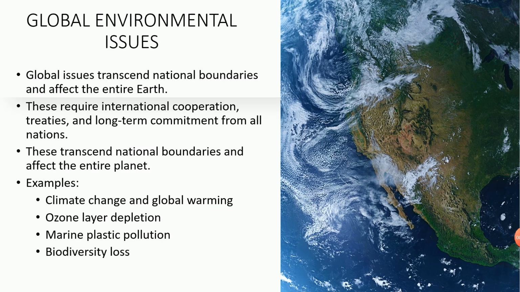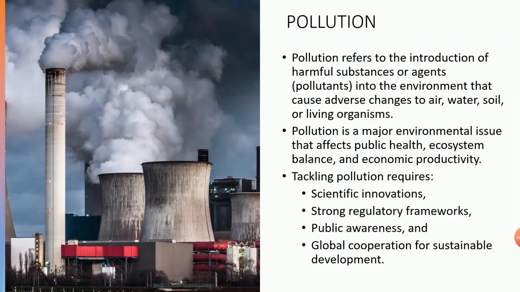So these are the common things. Due to global warming, many ice glaciers in Antarctica are melting, so the sea level is rising, and there is a possibility that many regions close to the sea would be wiped out. So these are the global environmental issues.